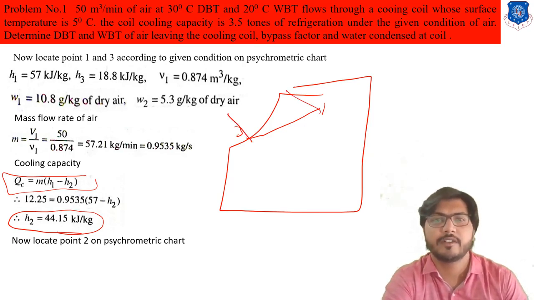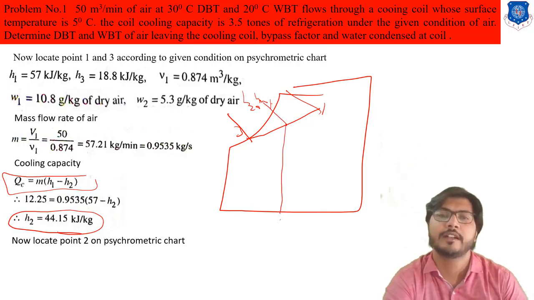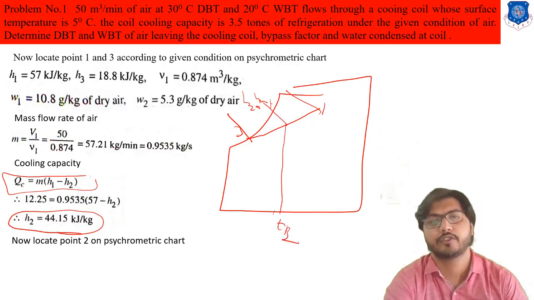So H2, the enthalpy, is 44.15. So we can draw point 2, and corresponding to point 2 we can calculate its temperature also.